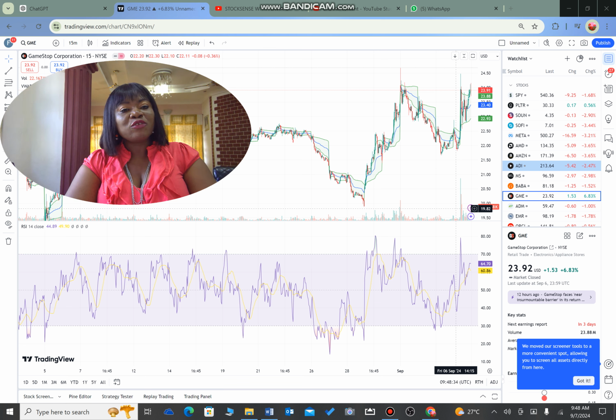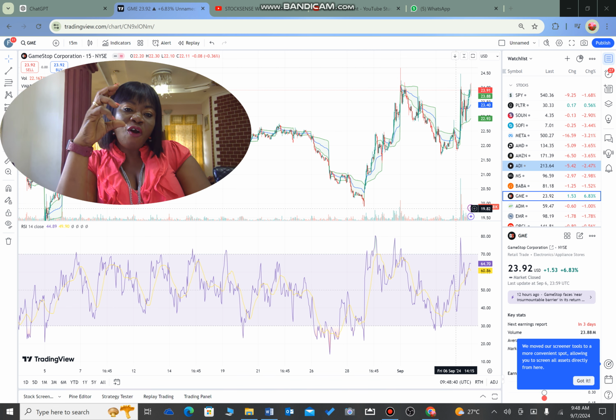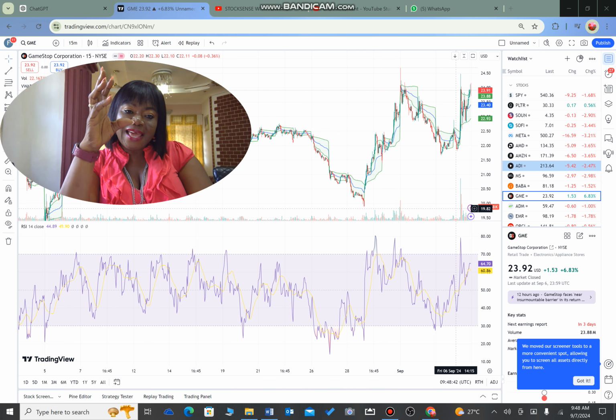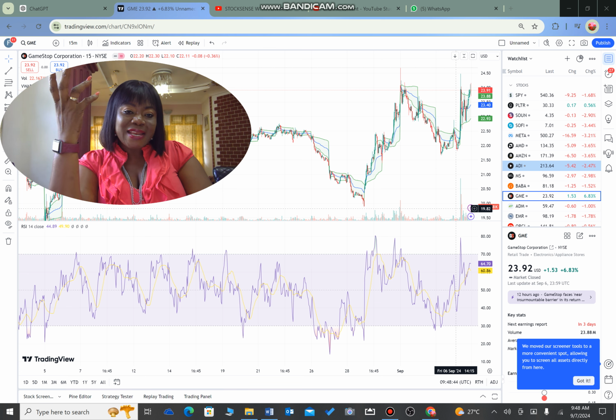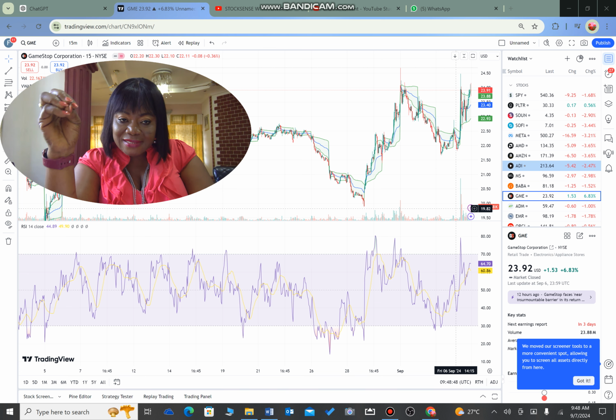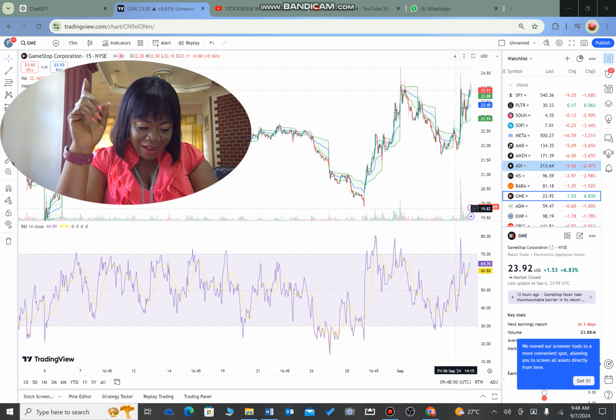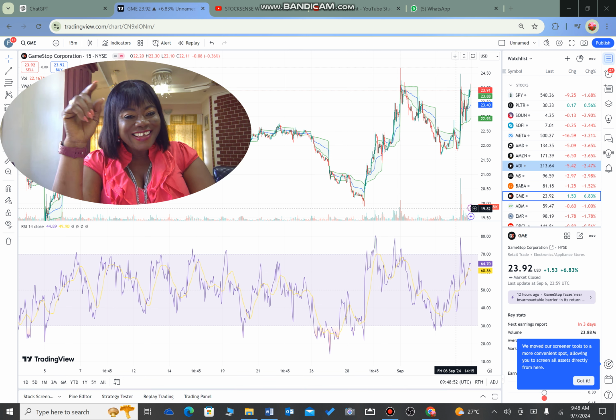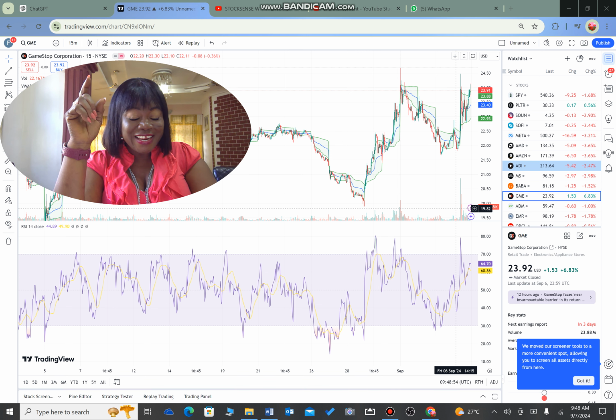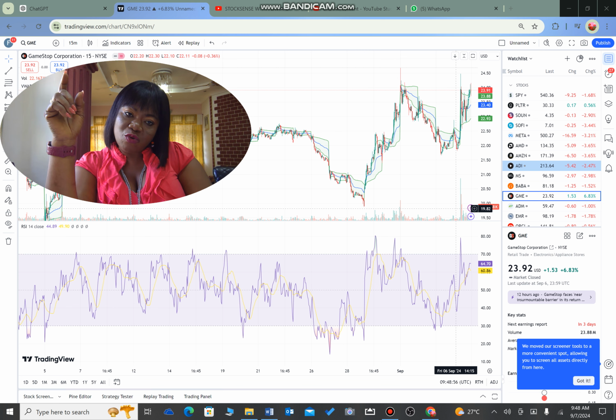And then number two, I think that you need to have level 2 data where you can see the flow of orders of buyers and sellers, where they are stuck, and that will give you information as to where you can enter and where you can exit. Right, and then the third thing, or is it the fourth thing, is for you to look at your options Greeks.